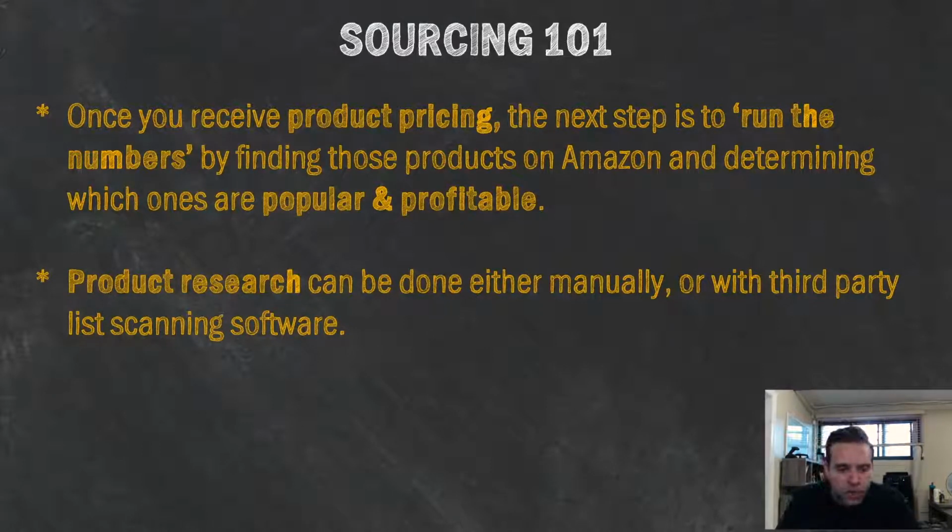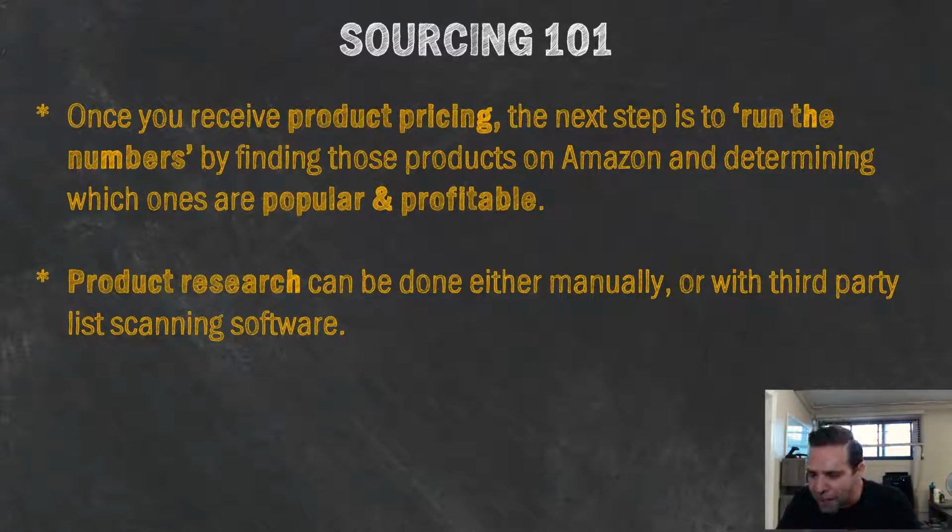Or you can do this process with a software where you basically upload your price lists with UPC numbers into the software, and these softwares will scan Amazon for those UPC numbers for those products and give you results with profits, with ranks that you can then look through, filter through, and make your buying decisions that way.